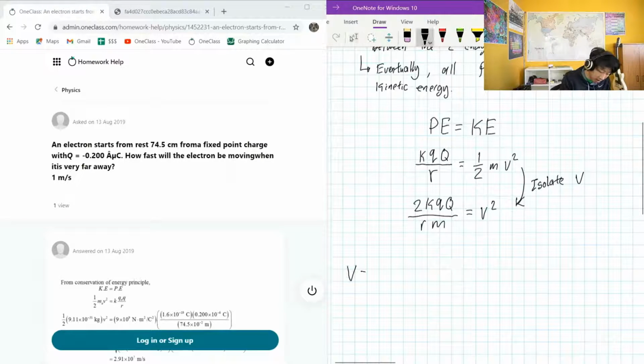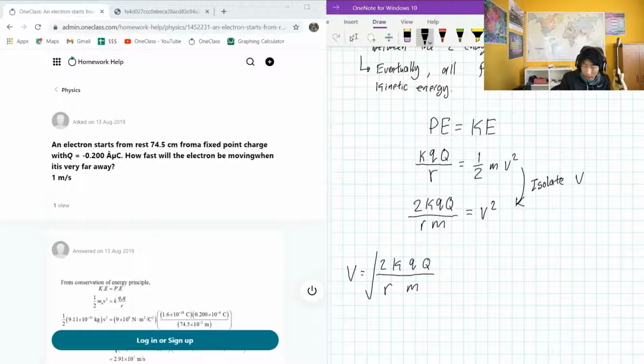I'll write it this way, just so we can sub in our numbers as required. So put that under the root, 2k, little q, big Q, over r times m. Yep, fairly straightforward, all under the root.